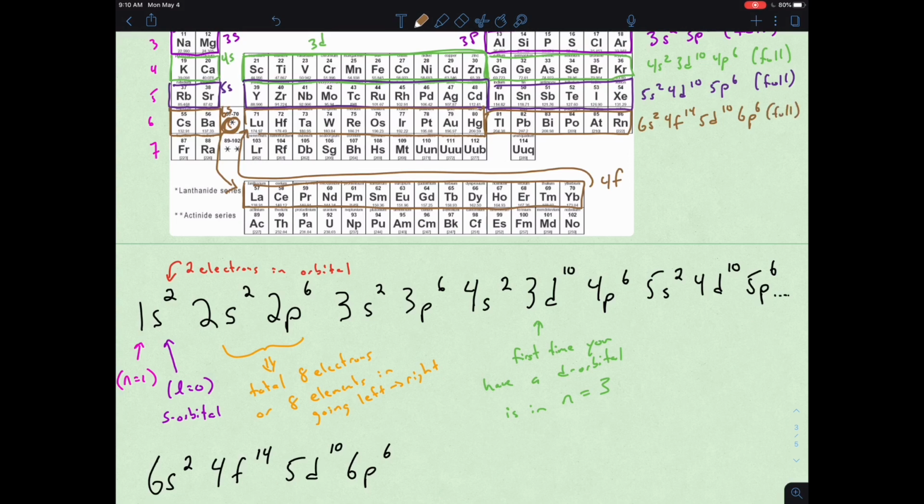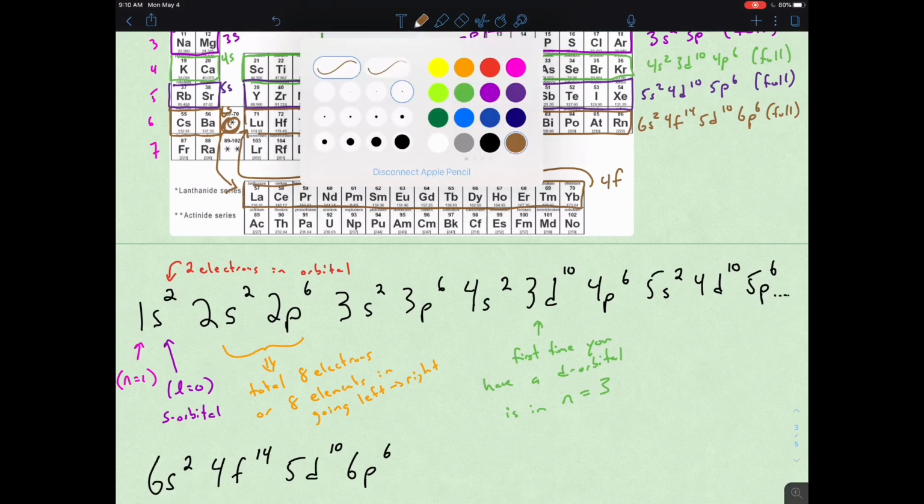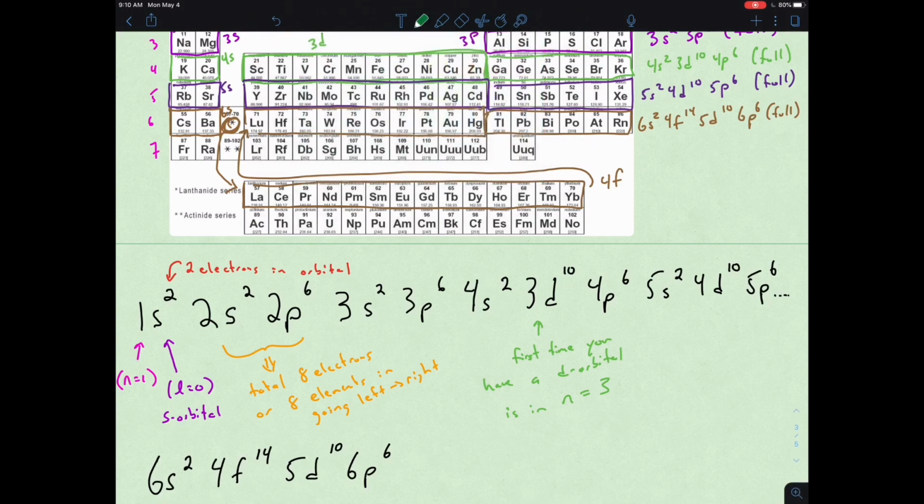So as you can see, complicated once we get much further down. But again, it's still organized by these number of orbitals within the sets, within S or P or D or F sets, in terms of the periodic table and how it's put together. That brings us down to the final level for us, at any rate. And so now we're looking at the 7s. So we're looking at francium and radium.